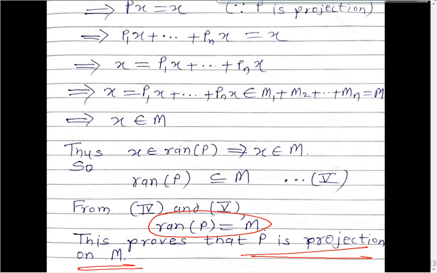We have divided the proof into 4 parts, and I have given you a very clear-cut proof in the notes, which I have discussed here. This completes the second chapter, Hilbert spaces. Thank you.